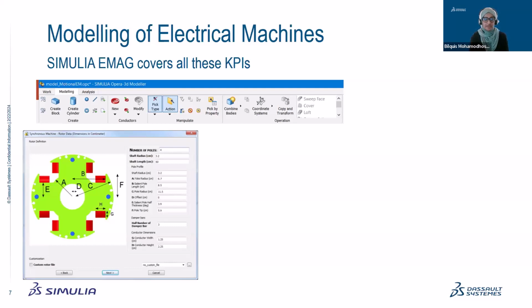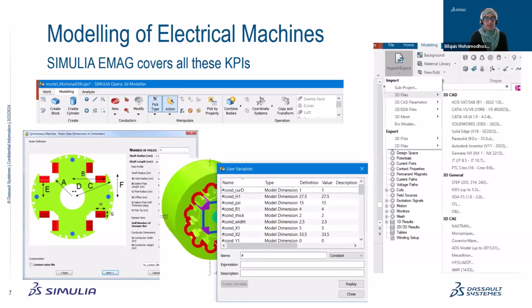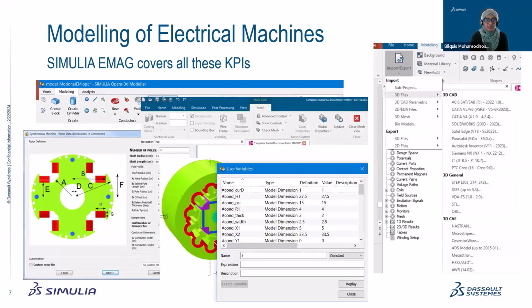There are different types of analysis that are already there, which you can choose from. There is also importing and exporting of the CAD model in different CAD formats, and parameterization of the model, which is also very easy to do for different dimensions, or even for different parameters that you want in the machine, and easy meshing.